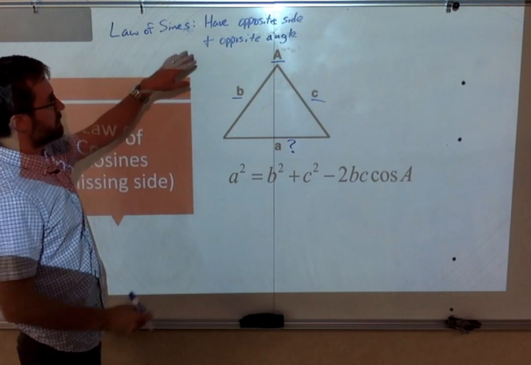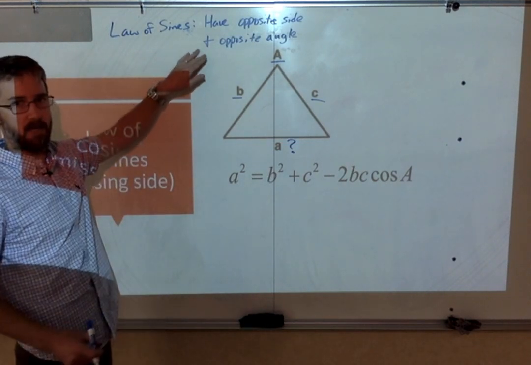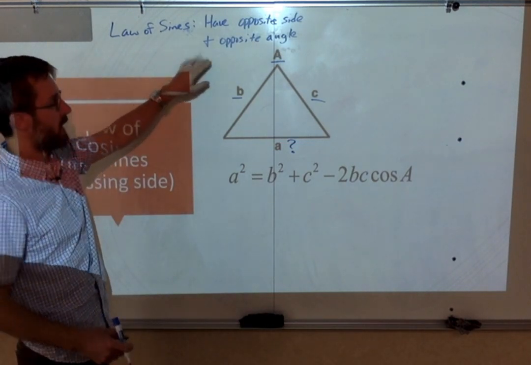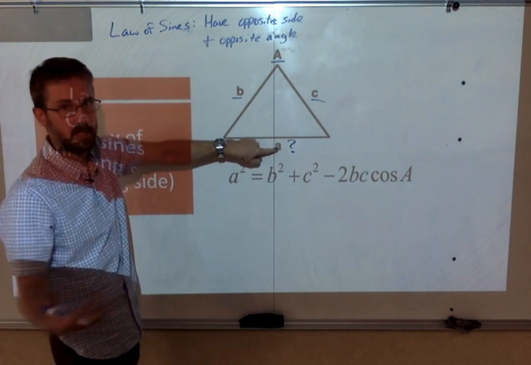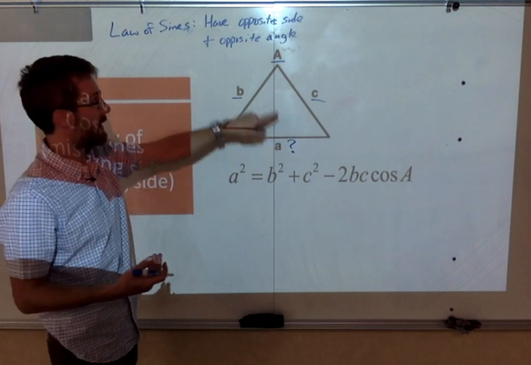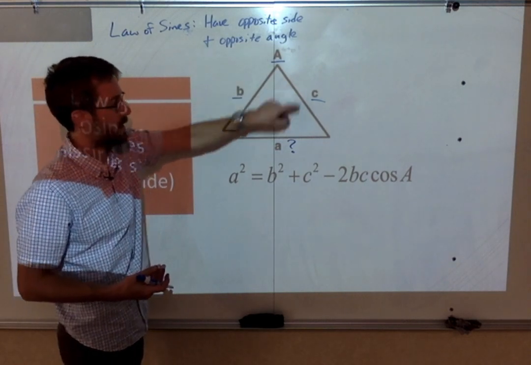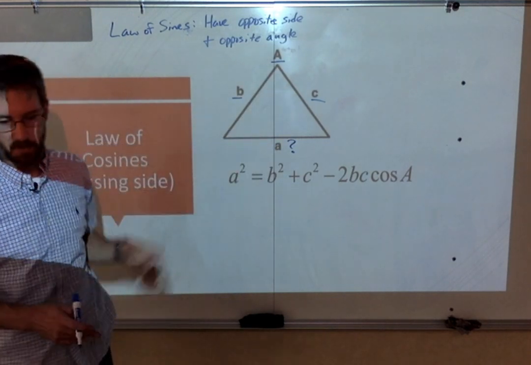If you don't have that, it's law of cosines. So if I know that this is 45 and this is 30, then I'm going to use law of sines. If I have this, this, and this, and I'm looking for this, I'm going to use law of cosines.